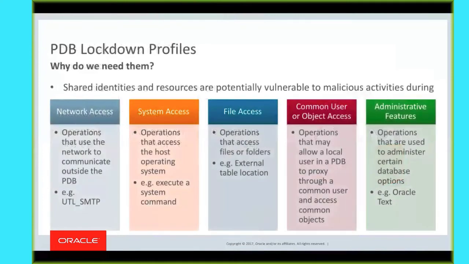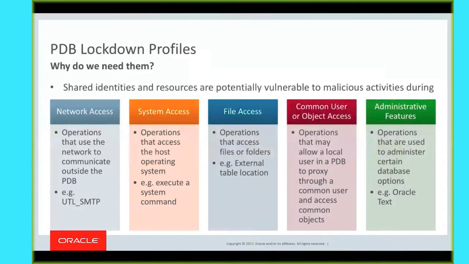So we have the network access, and we have the system access that enables you to interact with the operating system from a PDB. We have file access, which includes concepts such as PDB data files and directory objects, where you store all these files, and common user and object access.